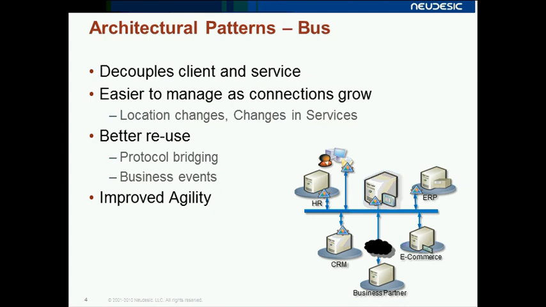And really the key benefits around that are decoupling the client and service. And just from that little step of further decoupling client and service, we get a lot of power and a lot of capability. Much easier to manage as connections grow. So if we have changes in the location of servers or environments or services, managing that change, now you're dealing with that change in one point versus potentially spread out through your entire enterprise.